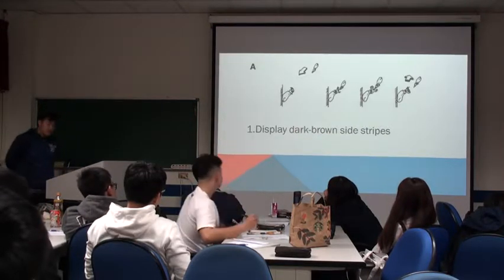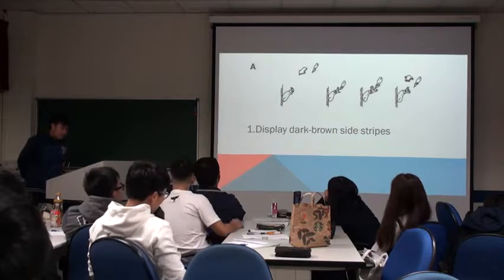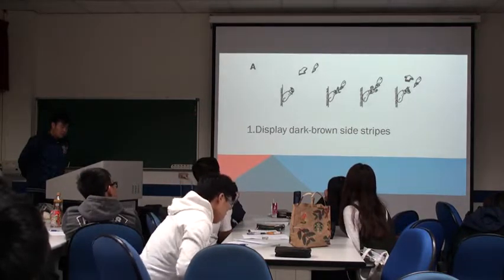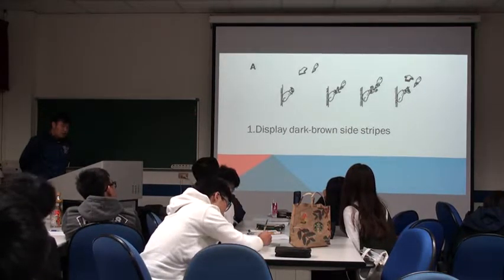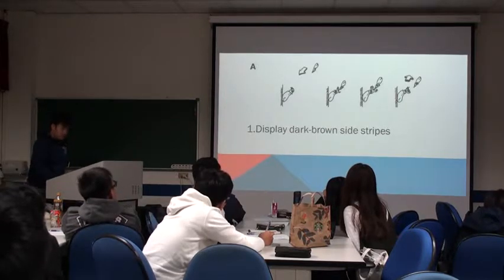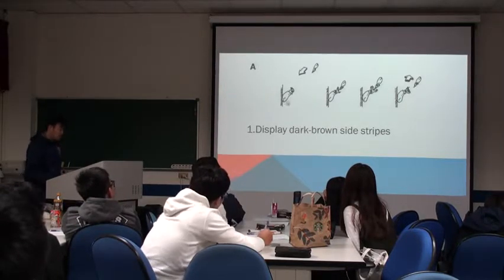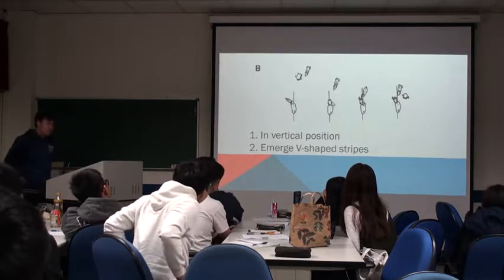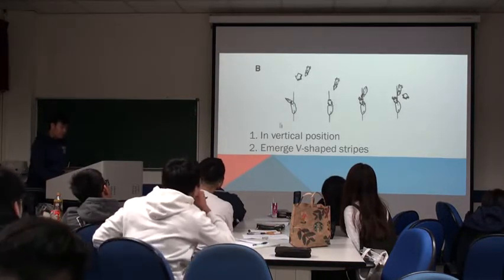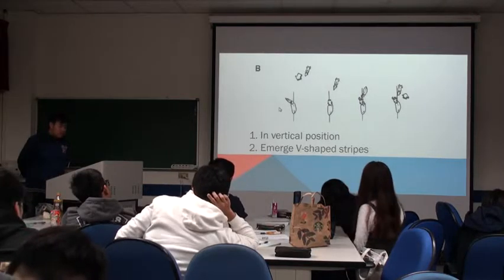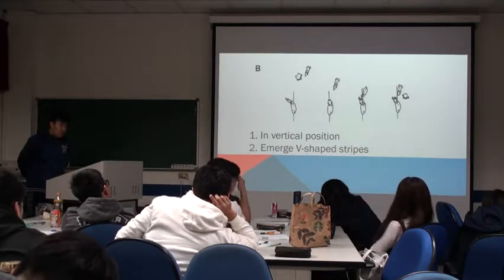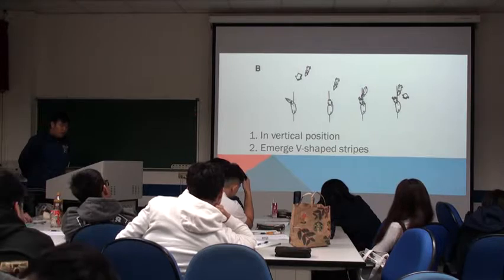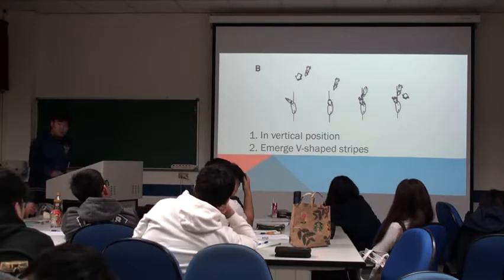In pattern A, both the female and the male display dark brown side stripes during mating. Pattern B is in a vertical position, and both the female and the male show a V-shaped stripe during mating.